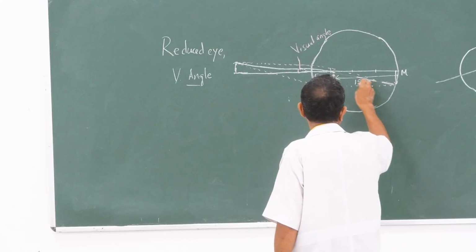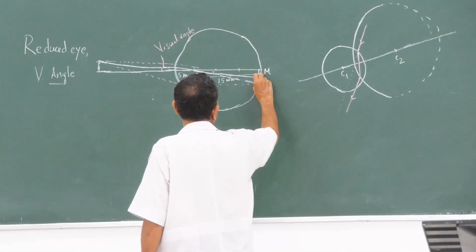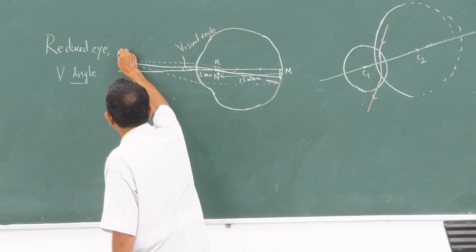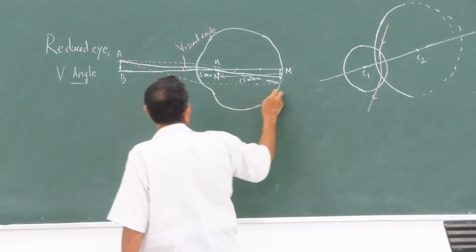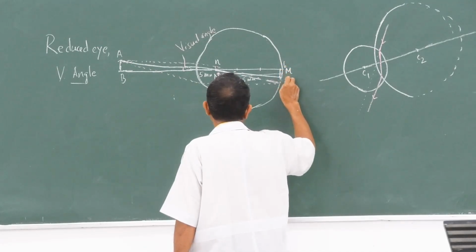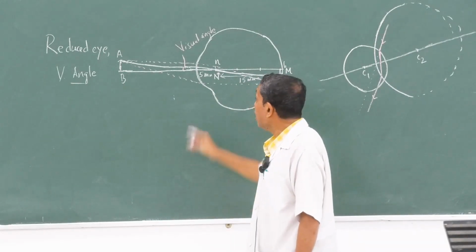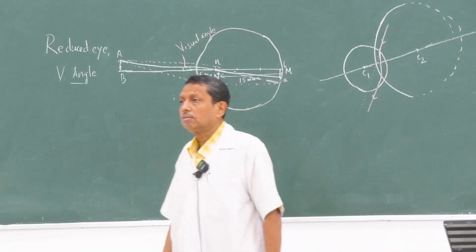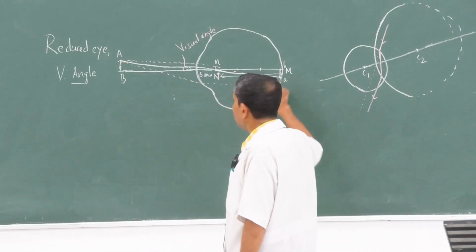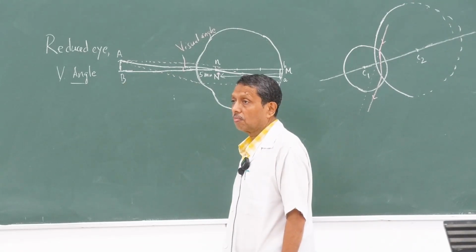Suppose N is the nodal point, and the object is AB. If you know the distance from the eye and the height of the subject, you can find the image that is produced here.